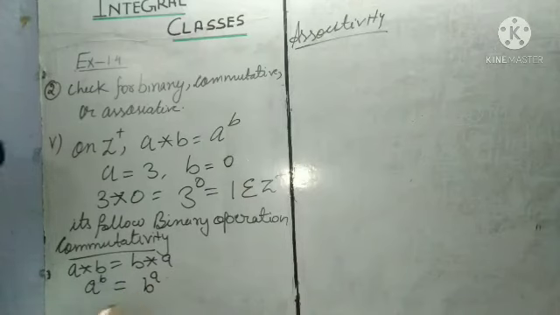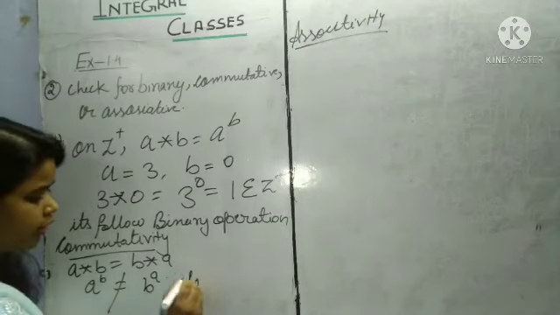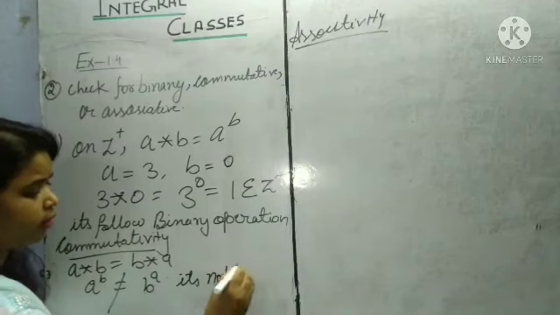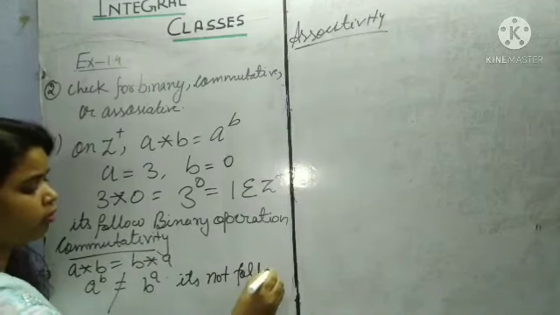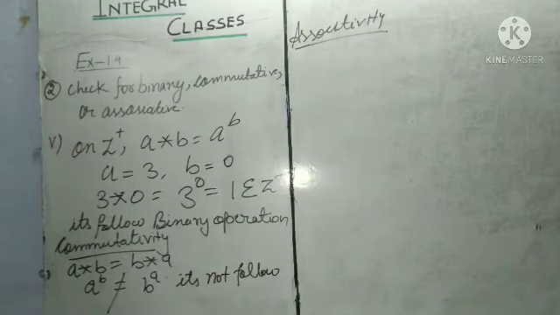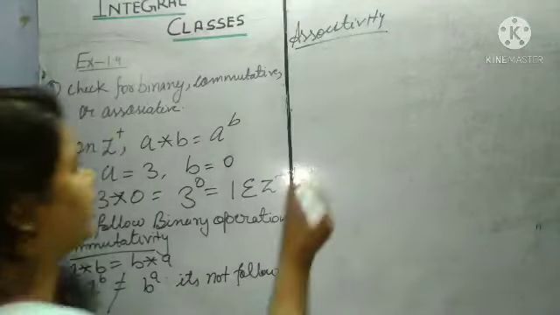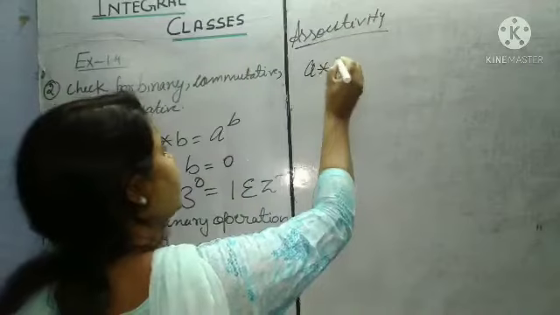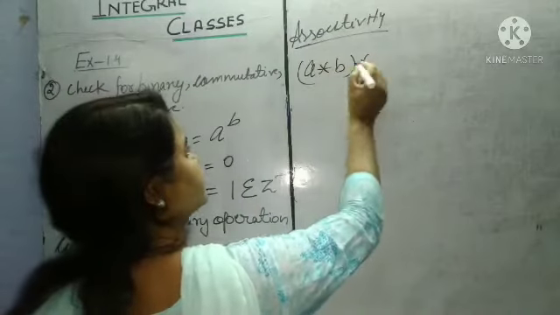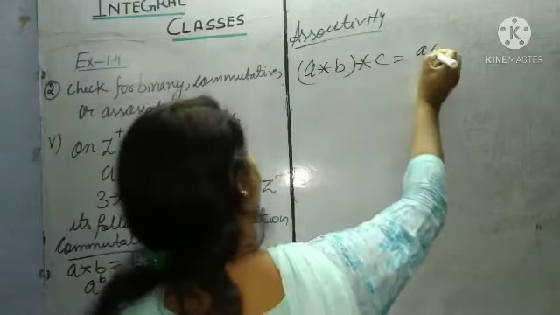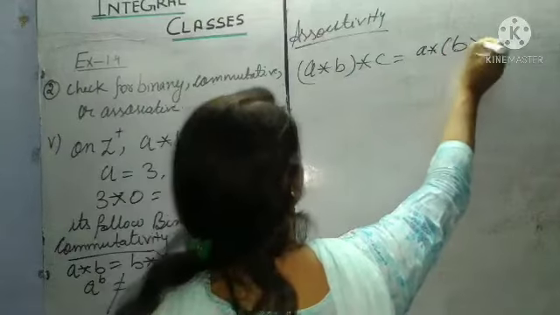B exponent A. As we observe, are these equal or not? These are not equal. So it does not follow commutativity. Now for associativity, we will apply again A star B star C equals A star B star C.